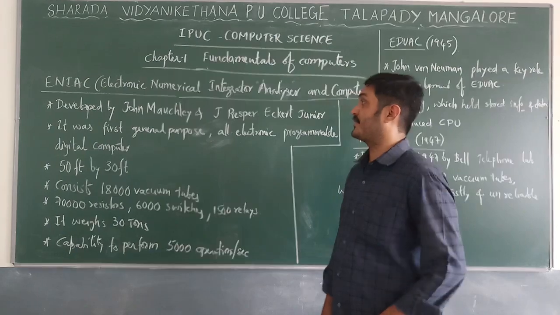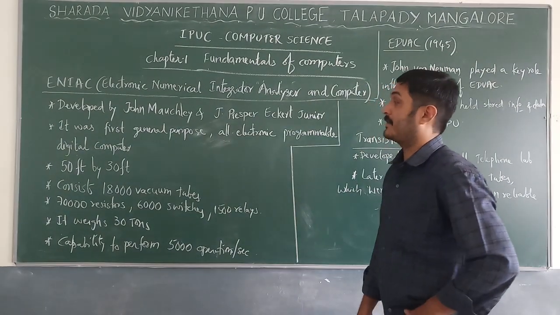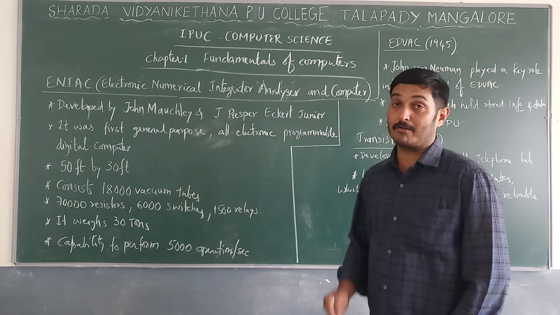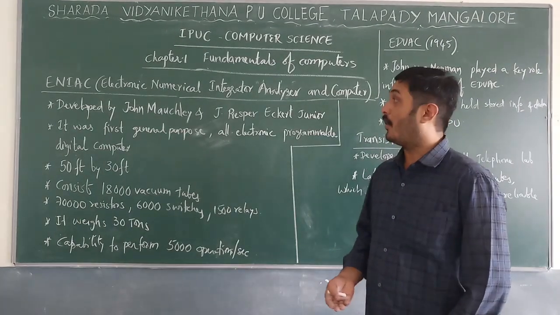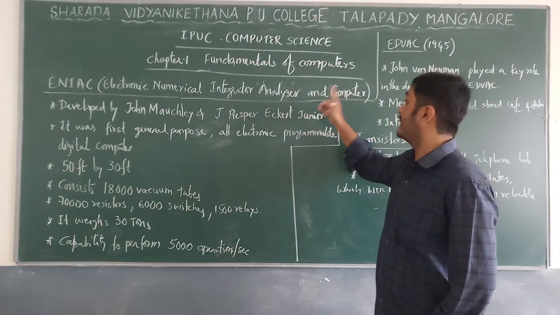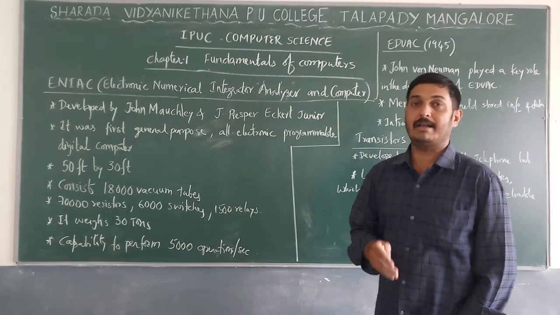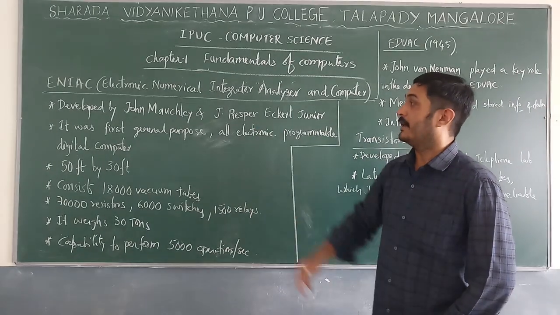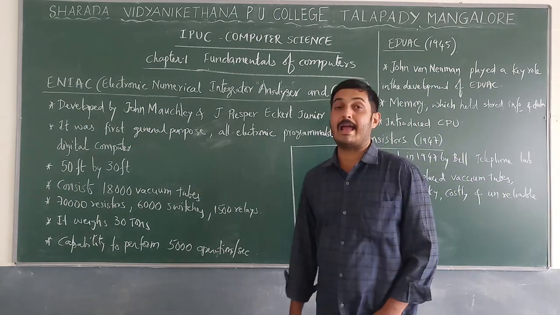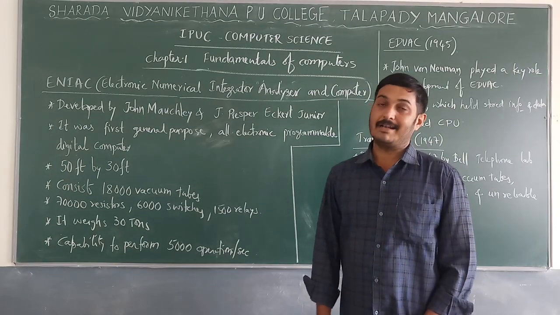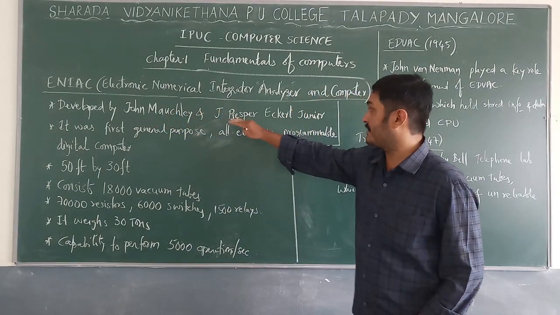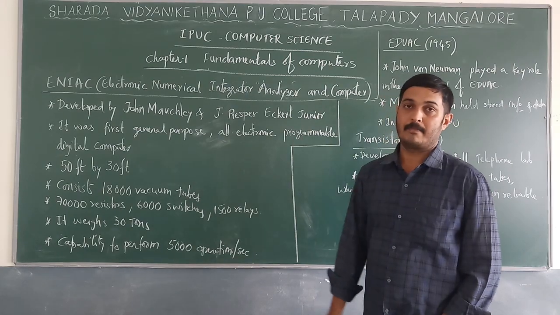Another example of a first generation computer is ENIAC. ENIAC means Electronic Numerical Integrator and Calculator, or Electronic Numerical Integrator, Analyzer and Computer. It was during 1944 I think, and it was developed by John Mauchly and J. Presper Eckert Jr. at the University of Pennsylvania.